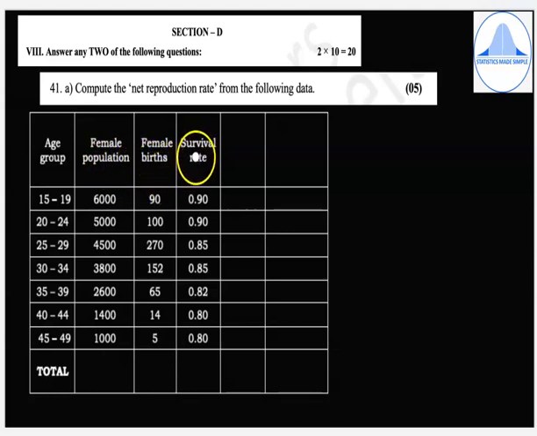So now first let us write the formula for the net reproduction rate. Consider NRR is equal to I into summation WSFR, that is women's specific fertility rate, into S, where I is the width of the age groups, which is equal to 5.